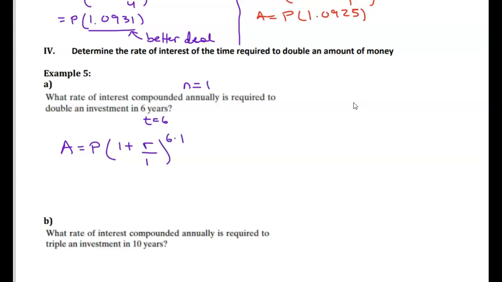We want this to double, so whatever the principal is, the amount needs to be twice the principal. So 2P equals P times 1 plus r to the 6. Divide both sides by P. So I get the equation 2 equals 1 plus r to the 6.